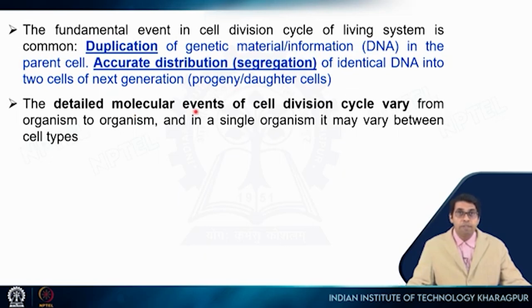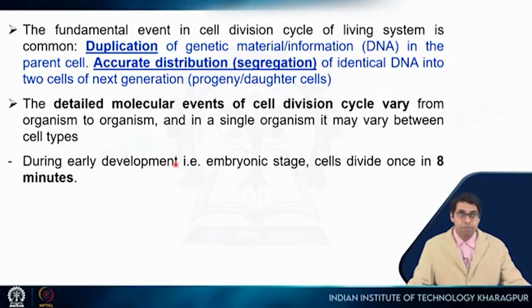The detailed molecular events of the cell division cycle vary from organism to organism, right? Again, in a particular organism, depending on the cell type, it will also vary. Also, it varies according to the stage of the organism. So embryonic cells will divide in a certain way versus the adult cells, right? But the overall features are common, and that is what we are going to discuss.